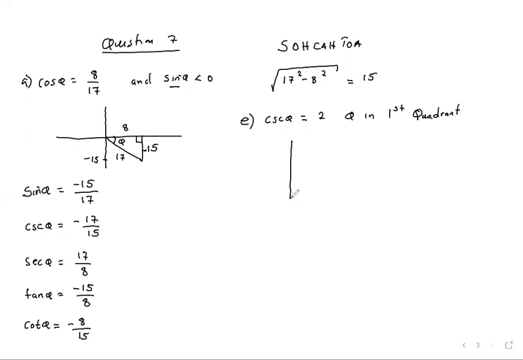So in the first quadrant, we draw a triangle here, like that. Now, when I'm given cosec, the easiest guy to think of is sine.